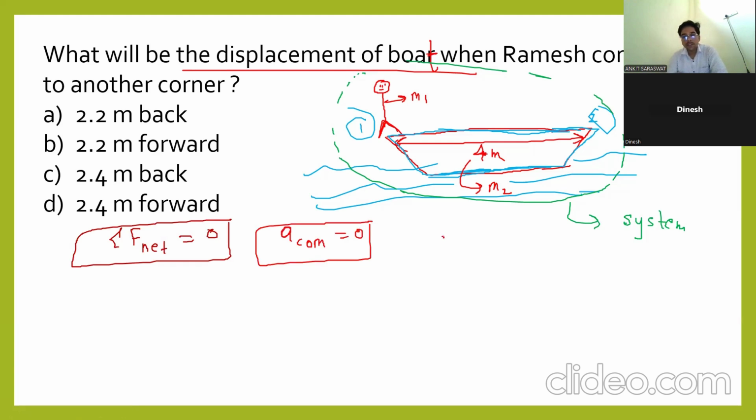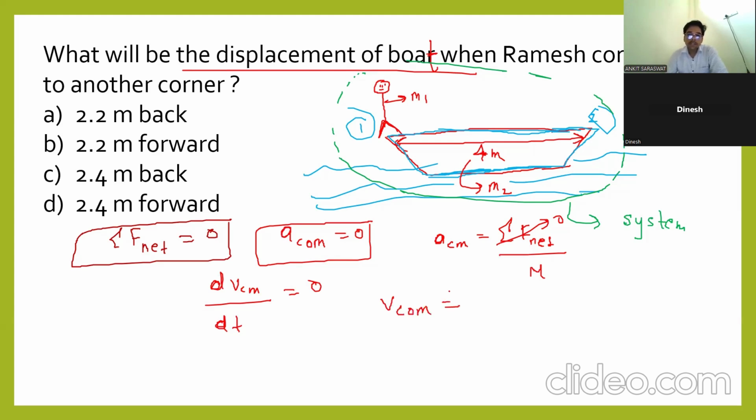You have learned that the acceleration of the center of mass is net force divided by total mass. So if the net force is 0, then ACM is 0. And if ACM is 0, then there is no change in the velocity of the center of mass. VCOM is constant, and it is equal to the initial value.